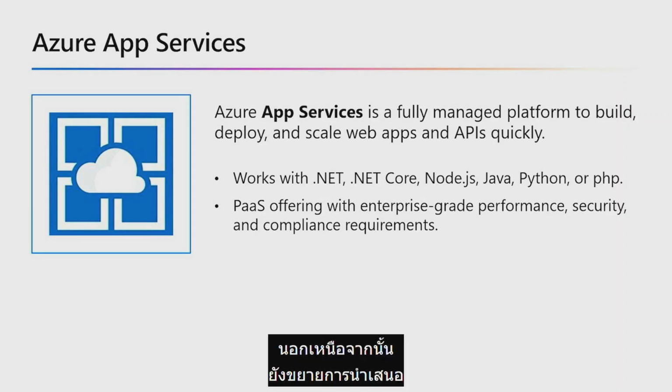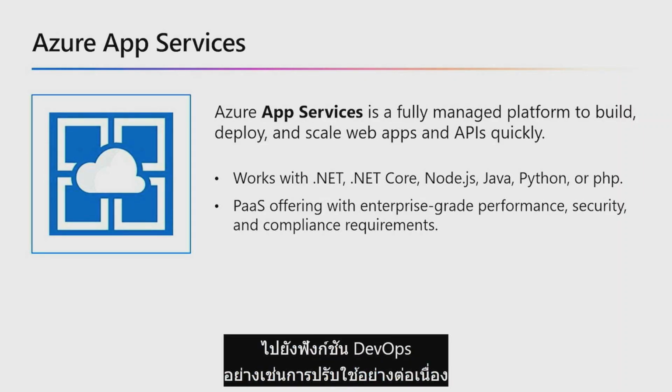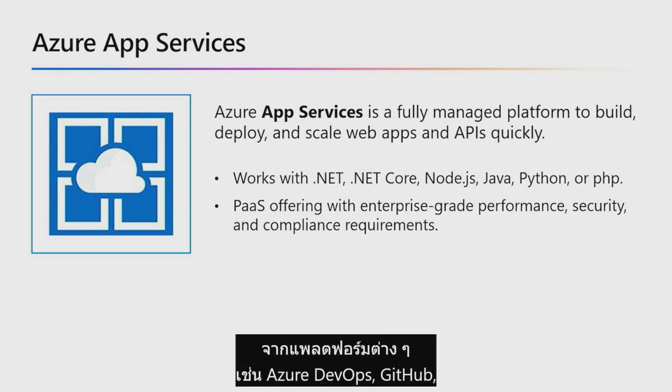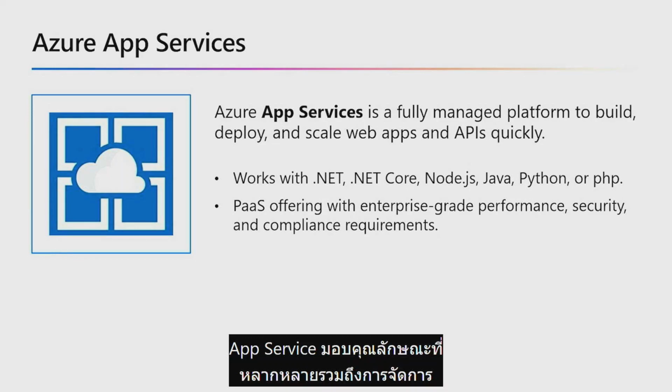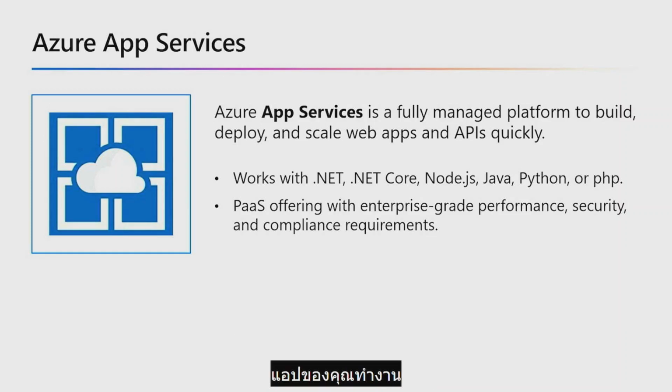Beyond that, it extends its offering to DevOps functionalities such as continuous deployment from platforms like Azure DevOps, GitHub, Docker Hub, and other sources. App Service delivers a spectrum of features, including package management, staging environments, and custom domains. These resources are dictated by the App Service plan under which your apps operate.